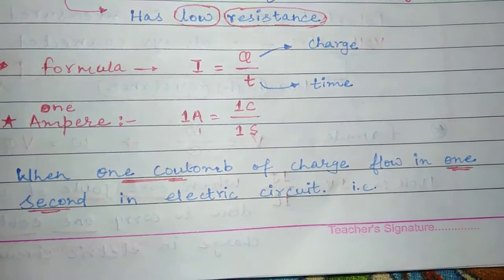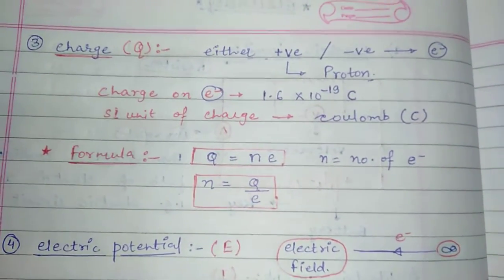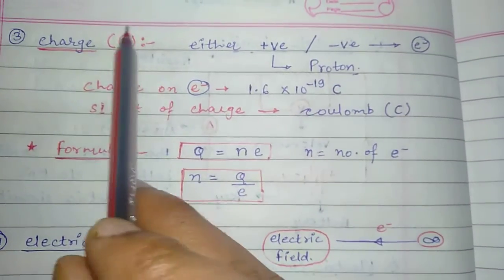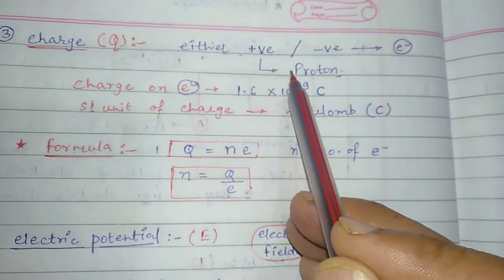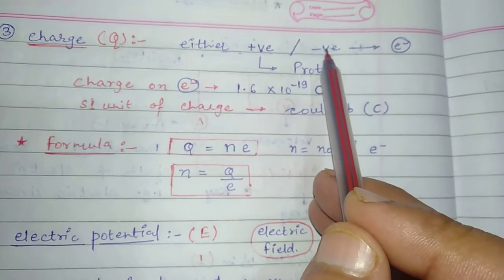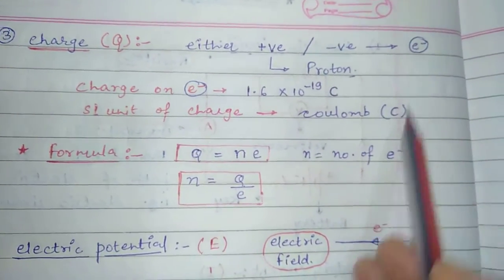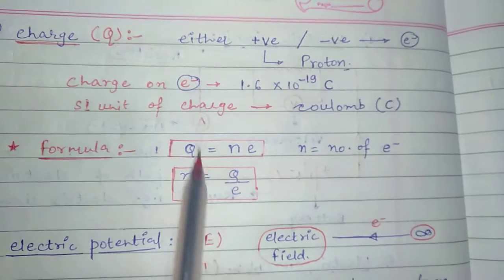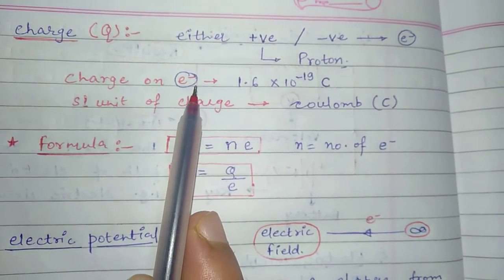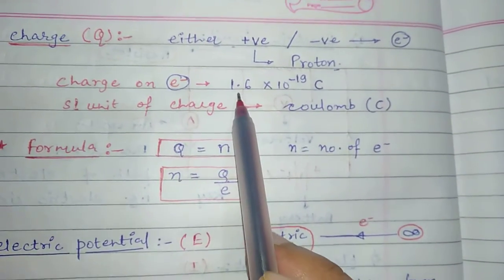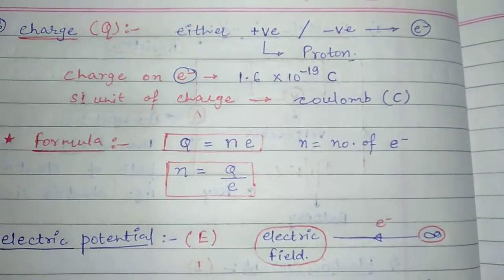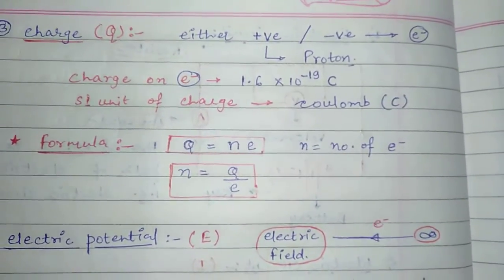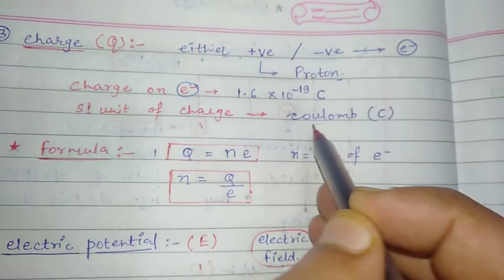Then students, here we will discuss the charge. Charge is denoted by Q, and it is either positive charge, that is proton, or negative charge, that is electron. The electron has a particular charge, that is 1.6 into 10 to the power minus 19 coulomb, and the SI unit of charge is the coulomb.